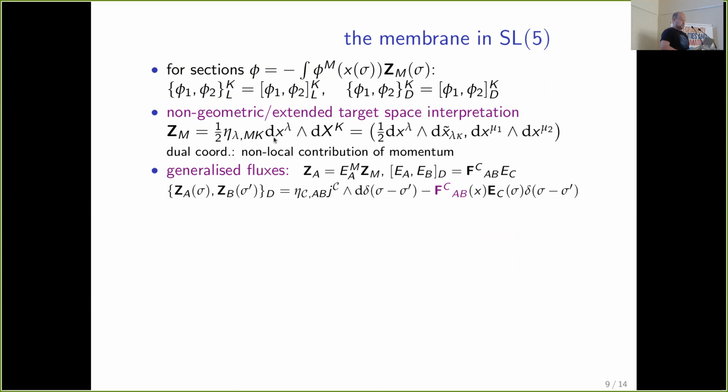So we would include this expression for the currents in here, and then try to look for the Poisson brackets of the Z with each other. And it's a weird expression, and I don't know how to. So this is why it was in the outlook and not a result.